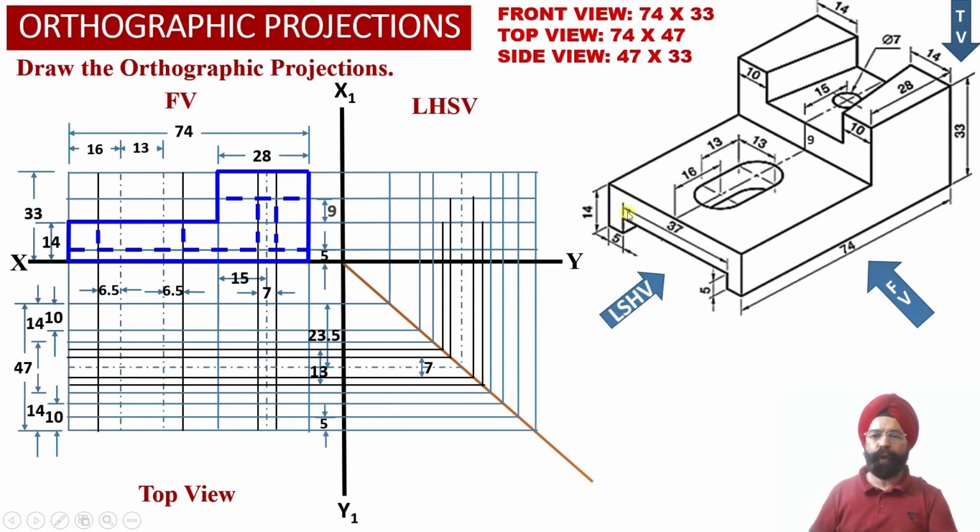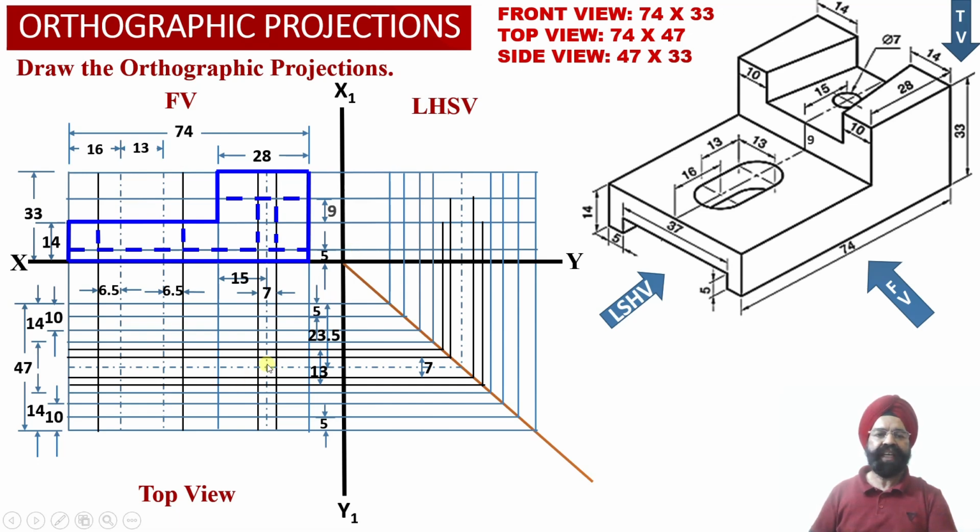Similarly, corresponding to this vertical element, again the depth is equal to 5 millimeter from the rear surface of the solid. So from the rear surface of the solid, which is lying over here, again we have measured a distance of 5 millimeter, and we have obtained a horizontal projector line into the top view projections, and we have transferred this horizontal projector line appropriately into the left hand side view projections over here.